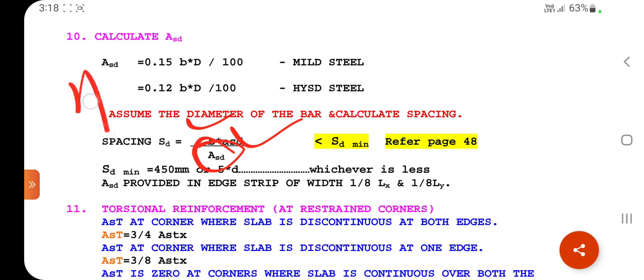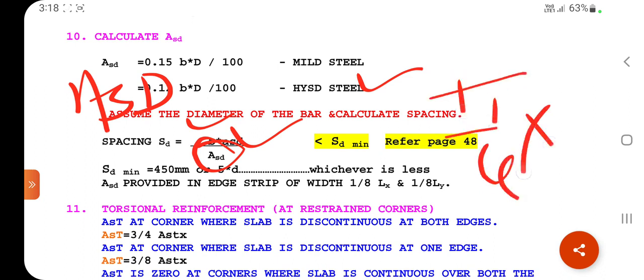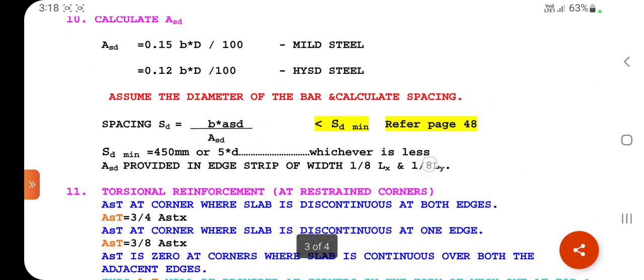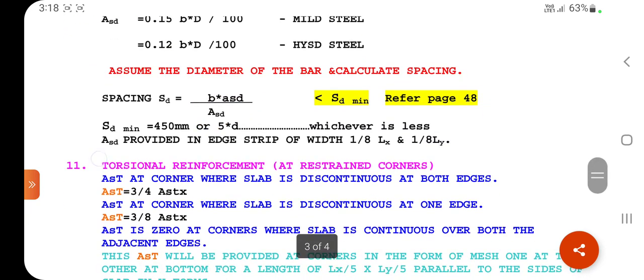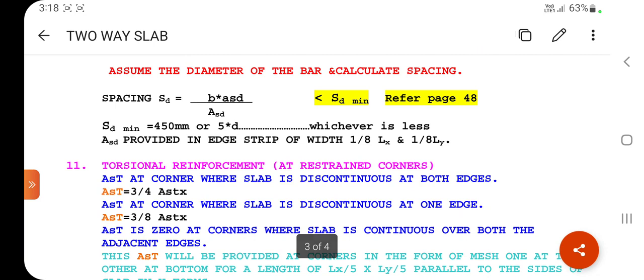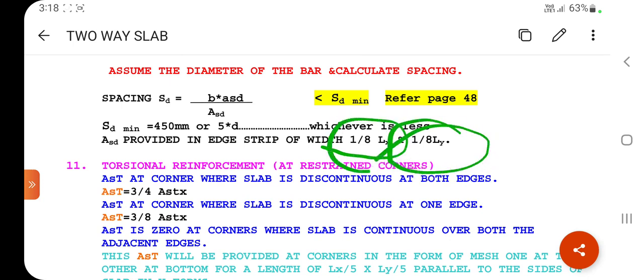Small ast means pi by 4 into the diameter of the bar squared. And this Asd will be provided in a strip of width 1 by 8 Lx and 1 by 8 Ly.